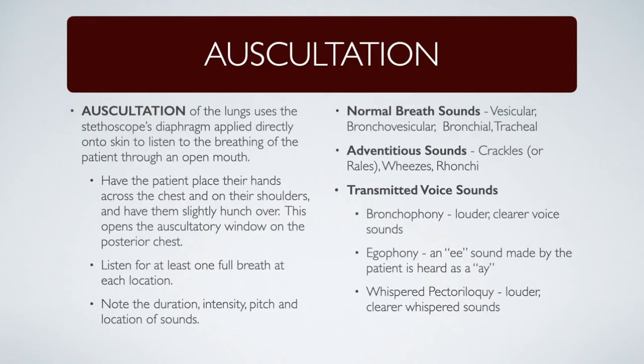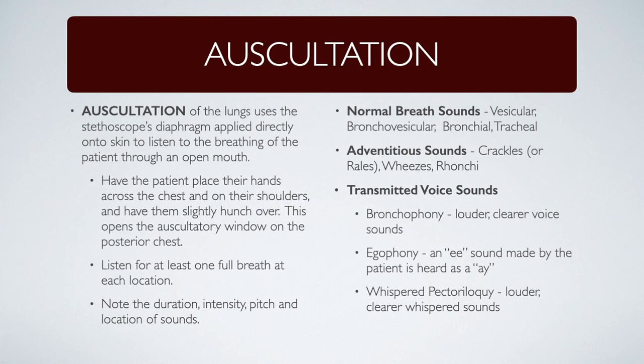So, you apply the stethoscope onto your selected area and have the patient say, okay, ma'am, sir, can you please say, "stress, stress." When the patient says stress, stress, and you hear it louder and clearer through the chest wall, then that tells you there is bronchophony.